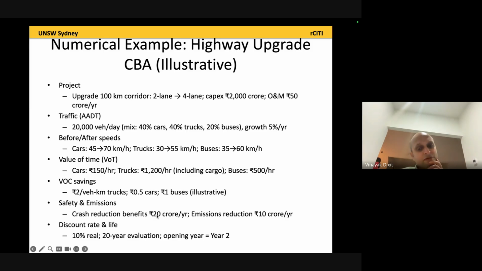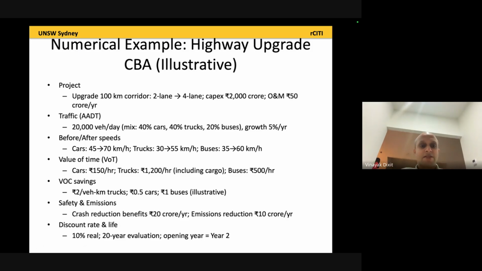So here, based on a previous study, it has been found that it's going to be rupees 20 crores per year. And the emissions reduction is rupees 10 crores per year. And the discounting rate is 10%, with a 20-year evaluation period and opening at year 2.